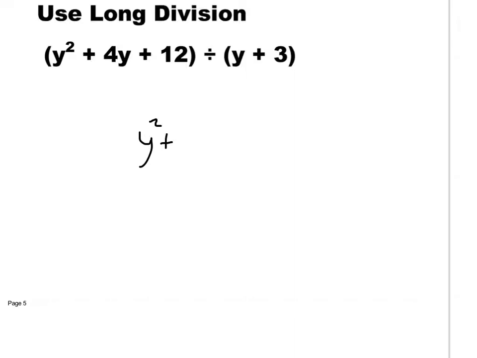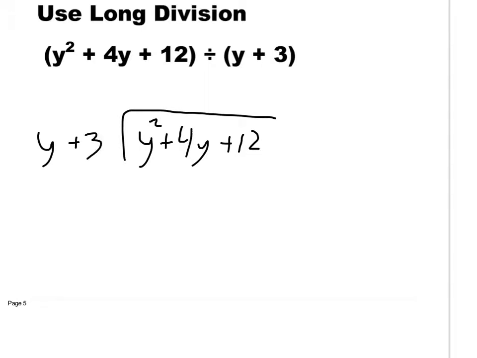So I've got y squared plus 4y plus 12 inside the division sign, and on the outside I've got y plus 3. What I do is see what I could do to y plus 3 to get y squared plus 4y. It's just like when you learn long division in elementary school. What can I times y plus 3 by to get y squared plus 4y?